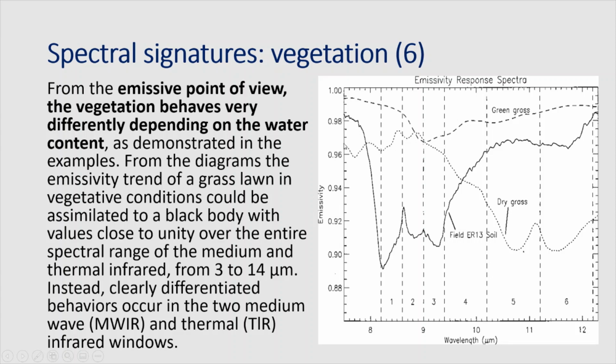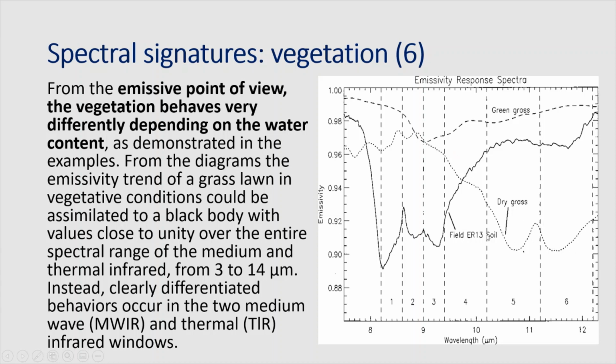You see this green grass is really emitting a high quantity of energy, while this quantity of energy is lower if you are taking into consideration, for example, dry grass without any water, which is not emitting so much energy.